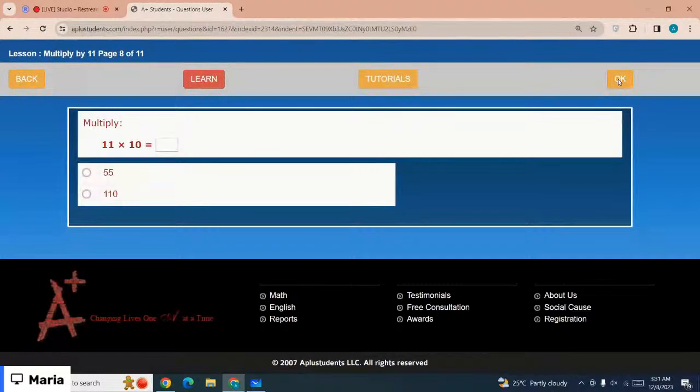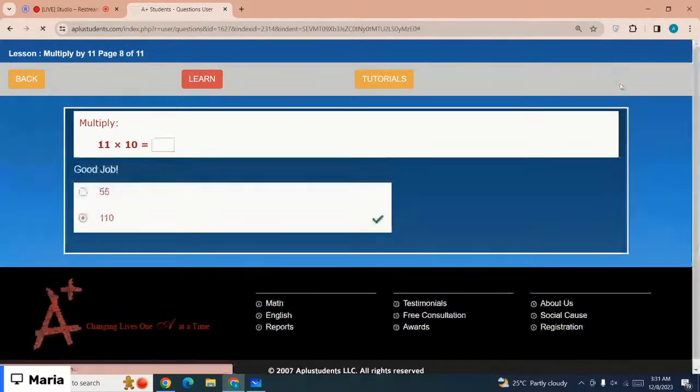Which is the correct option? Yes, that is 110. The correct option is 110. 11 times 1 is 11, you need to add a 0, so that would be 110.